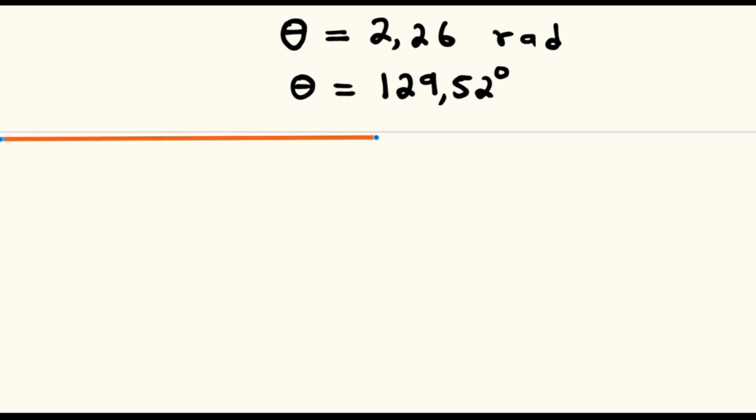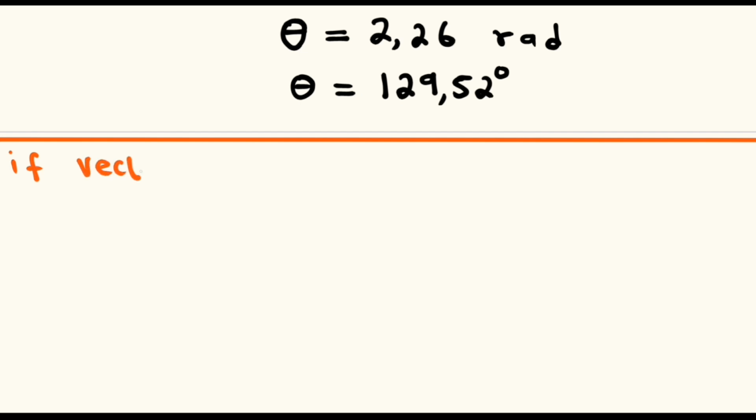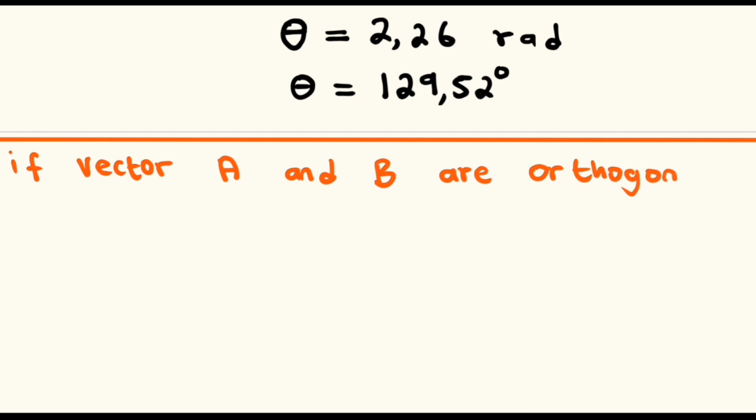From here, let's define the relationship between two vectors A and B if they are perpendicular. If vectors A and B are perpendicular or orthogonal, then the dot product of A and B will be equal to 0.